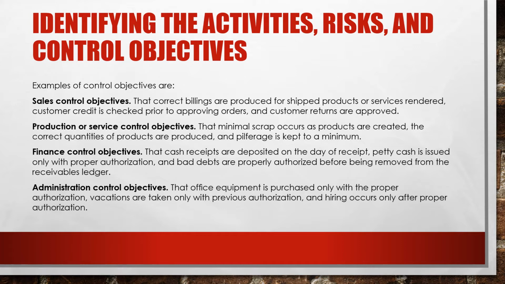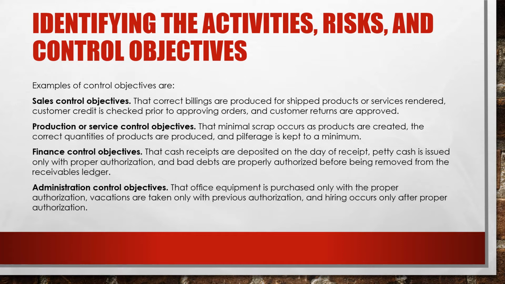Next, administration control objectives. For example, that office equipment is purchased only with the proper authorization. So we ensure that the assets that we buy are duly approved by the CEO or the director or the person who approves purchase requests. We don't just buy things haphazardly.